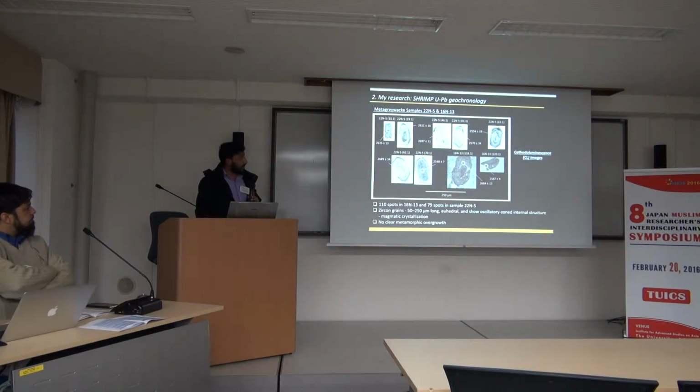This is the cathodoluminescence image of these zircons. I selected zircon because it is a radioactive mineral, and when it crystallizes, it will not incorporate any lead. So by studying the lead content and the uranium content, we can understand the age of the rock.